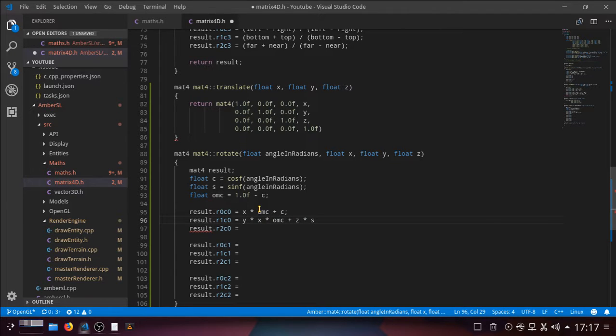Make it more readable. So we've got x times the OMC plus z, which we haven't used, times the sine. Yep, that's correct.